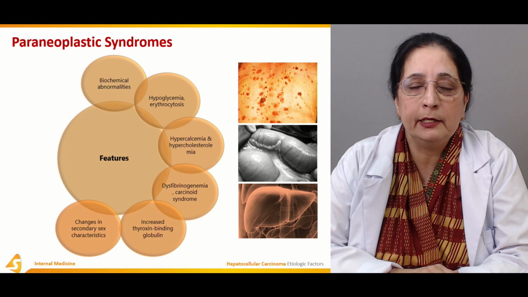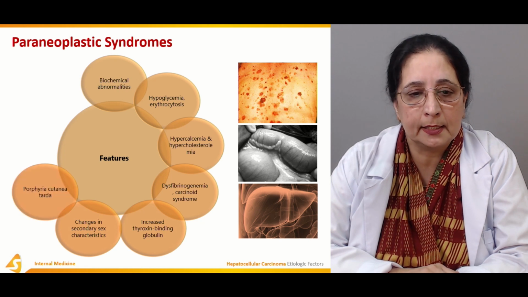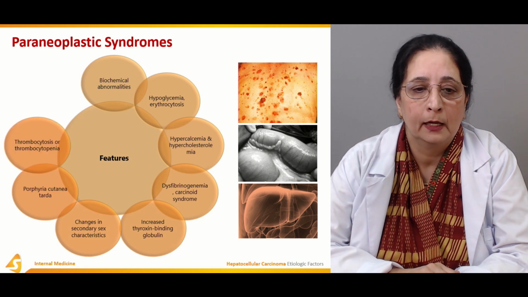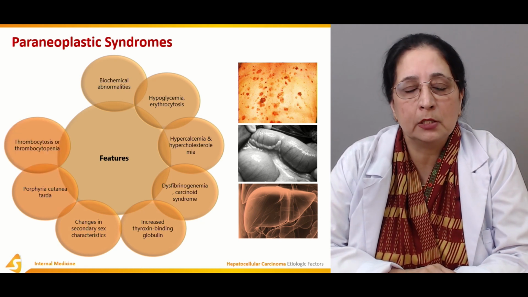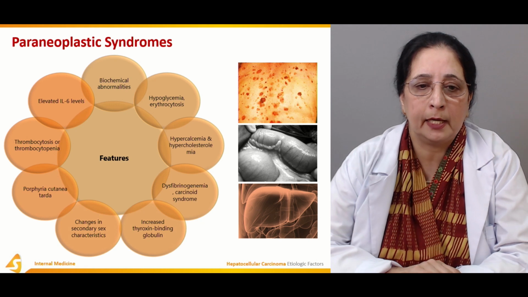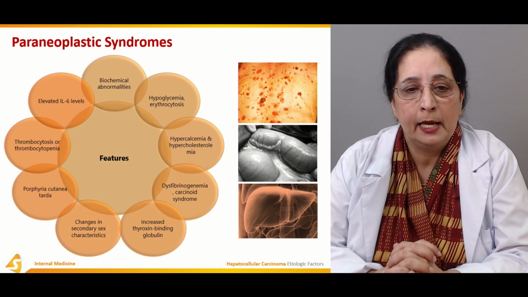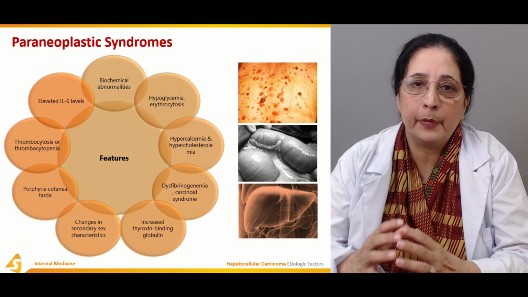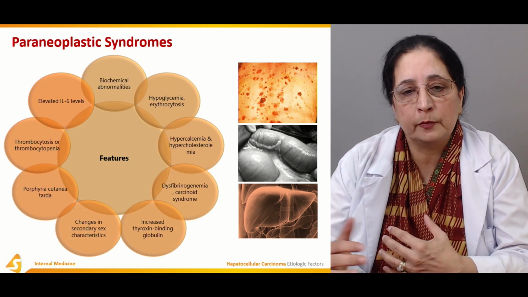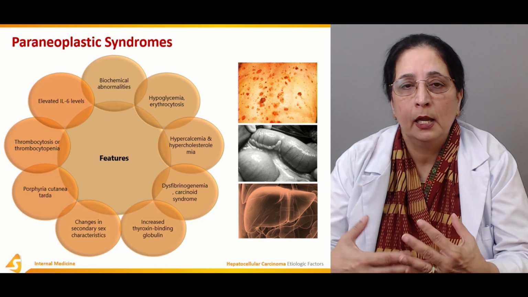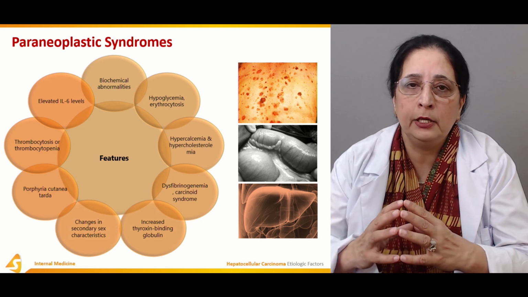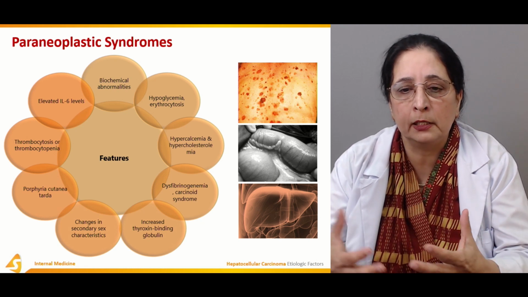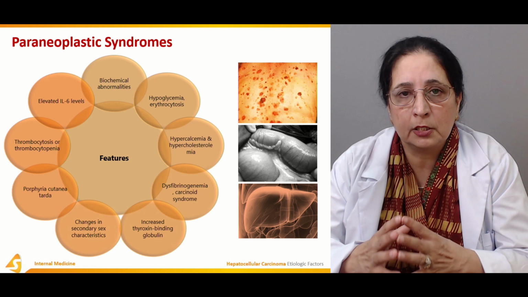Changes in the secondary sex characteristics. Porphyria cutanea tarda. Thrombocytosis or thrombocytopenia, and there is elevated interleukin 6 level. All these are different paraneoplastic syndromes. These are the syndromes associated with a neoplasm that cause involvement of other structures or the body.